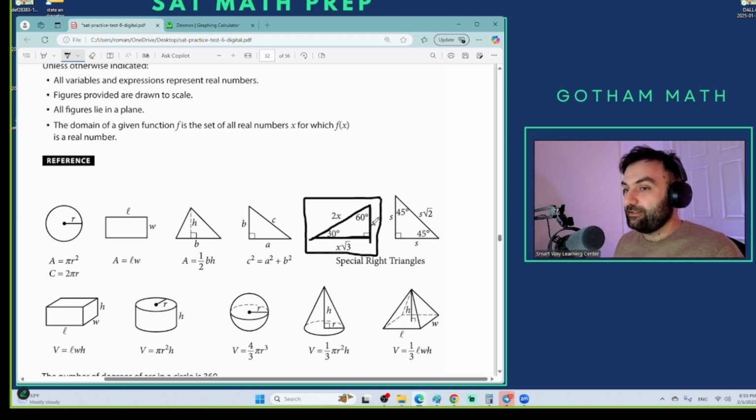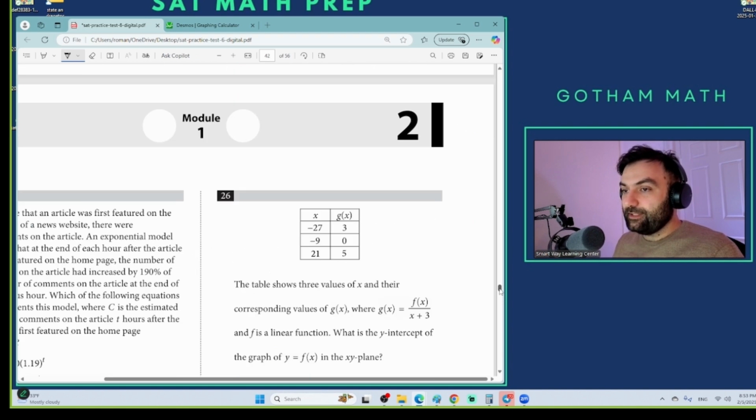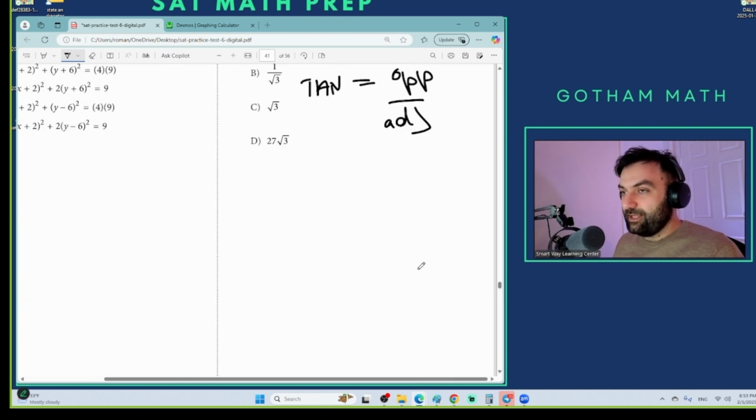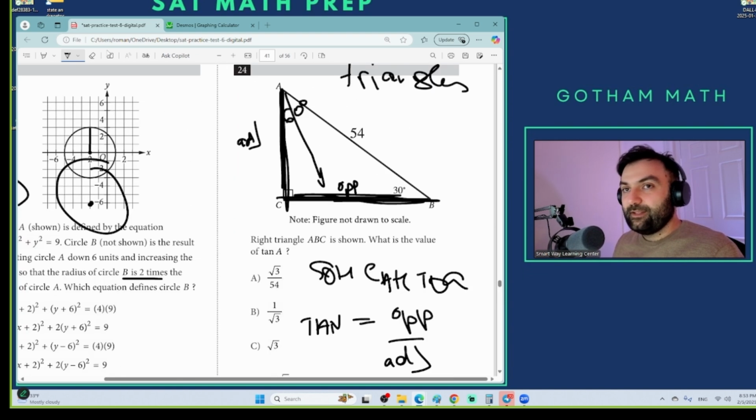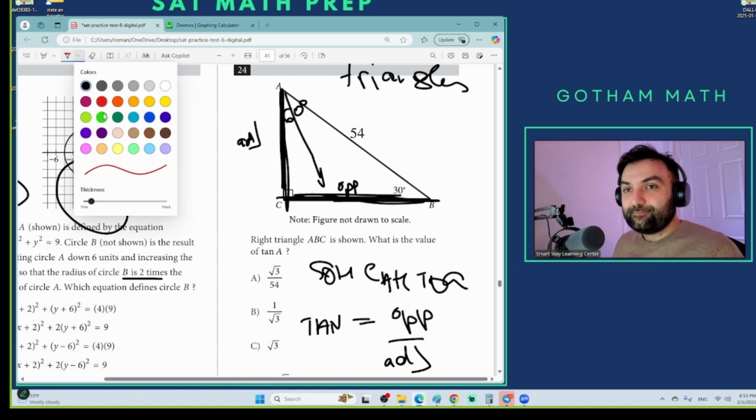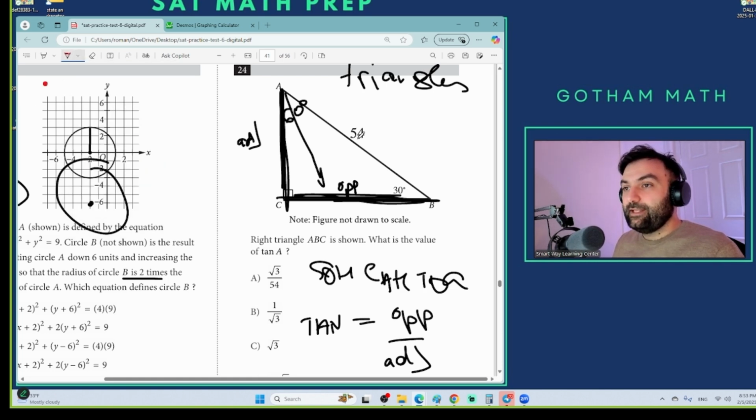And the middle side is the shortest side times square root of 3. If you know the theory, that's great. You don't have to go back to look at that. Because right away, we know that if this is 54, the shortest side, which is across from 30, should be 27. And the middle side, across from 60, is 27 times square root of 3.